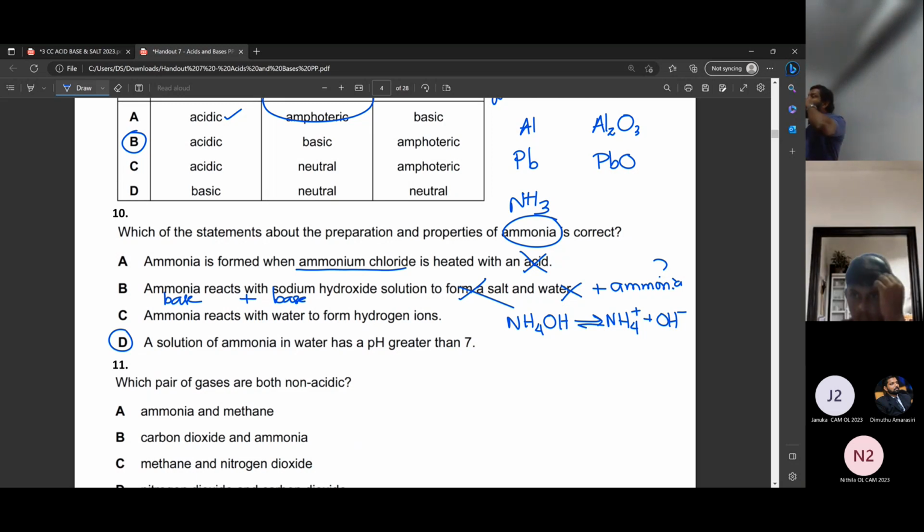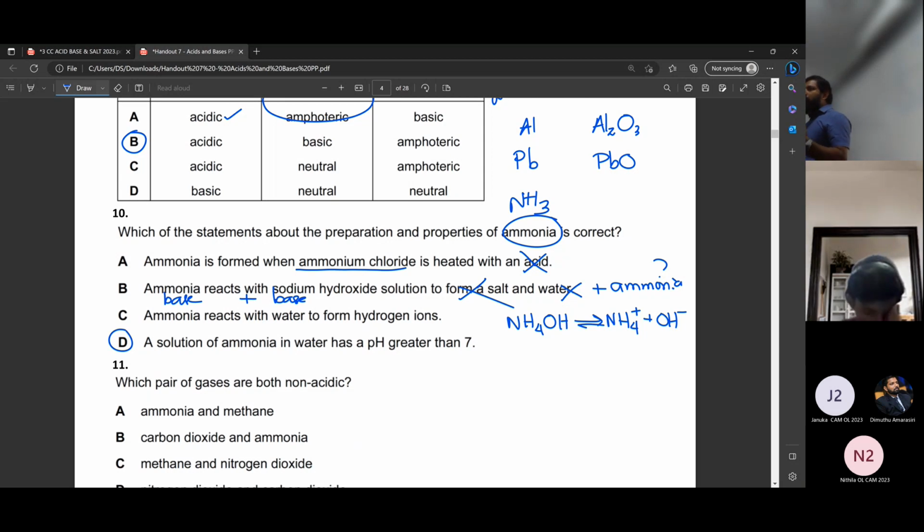Especially those who are not in the revision class. In the revision class, we discussed smart ways of handling MCQ questions. Because the options A, B, C make the answers difficult to think about. You're not sure whether it is correct or wrong.